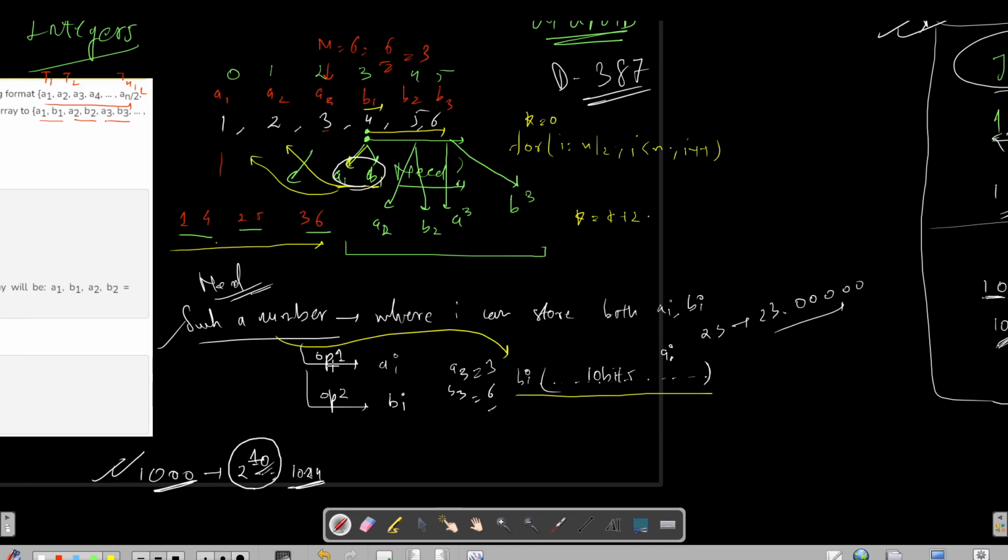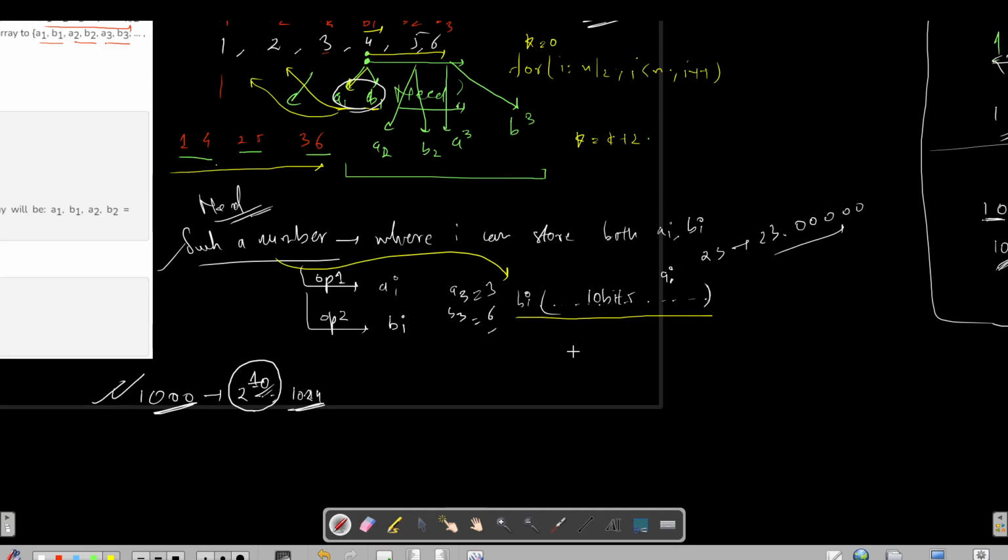One operation, op1, will give you AI and op2 will give you BI. One such operation I can think of is that if I place 10 ones here, 1 2 3 4 5 6 7 8 9 10, and the rest as 0, and then do an AND operation, what do you think the answer would be here?